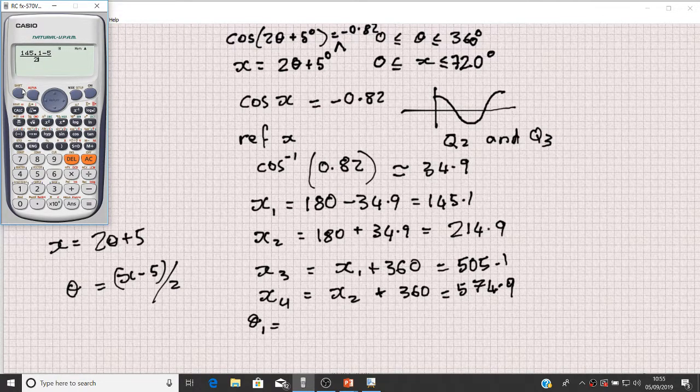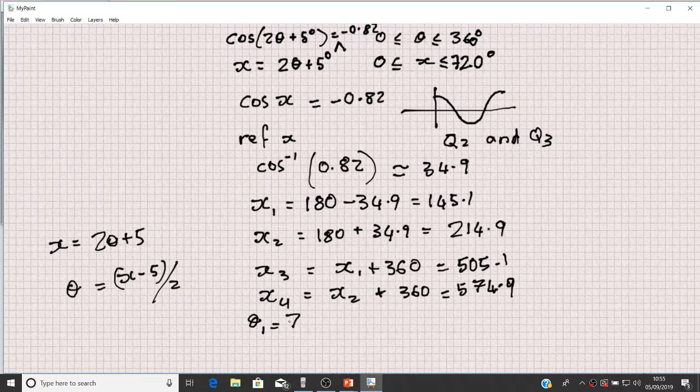Okay, so that's correct. Which gives me 70.05 as our first solution for theta.